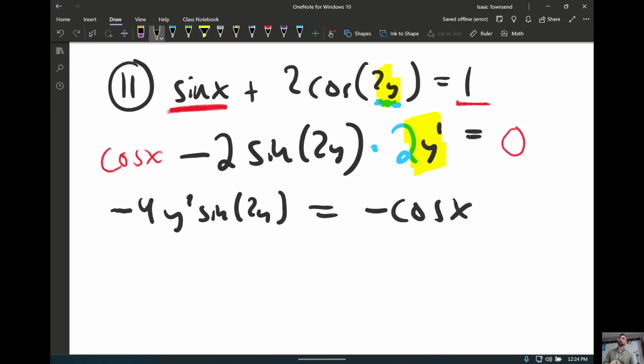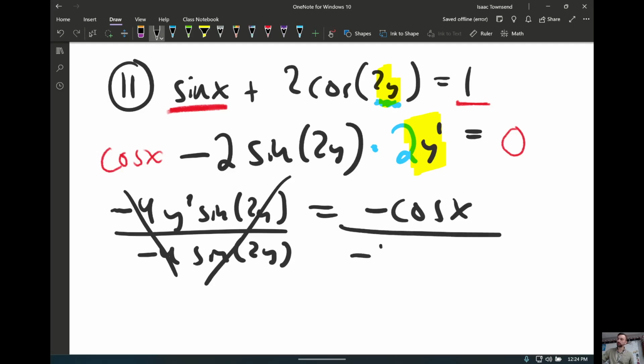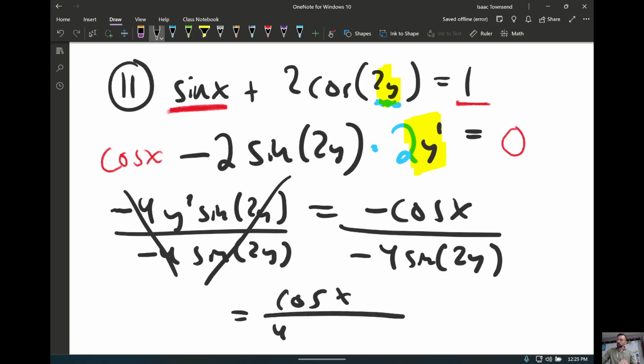Subtract the cosine x over, and then you can divide away all of this stuff that's being multiplied by y prime. And I'm sure they will cancel out the negative over a negative and call it positive. So that's what I would go with. 11, that's what they have.